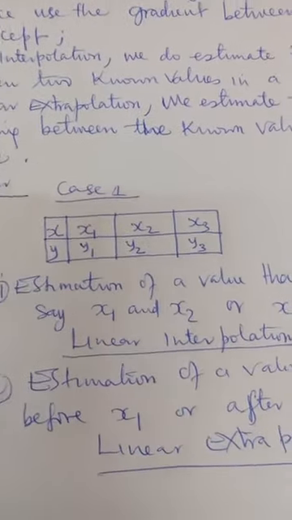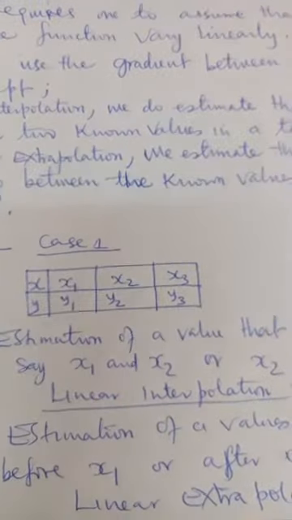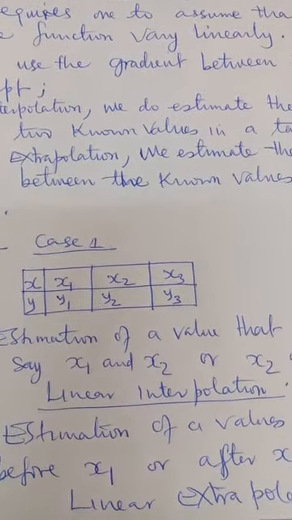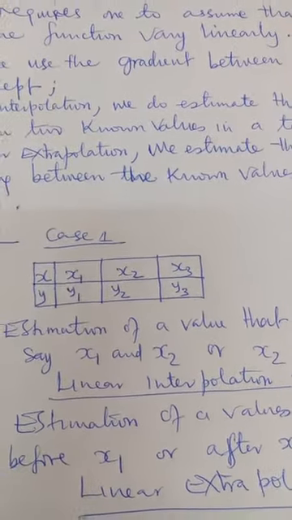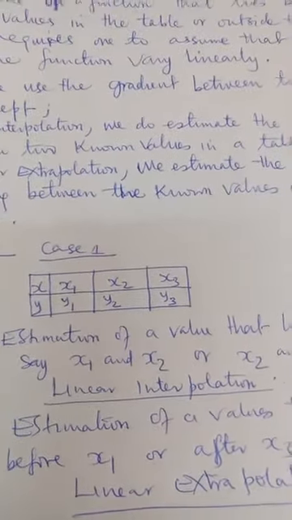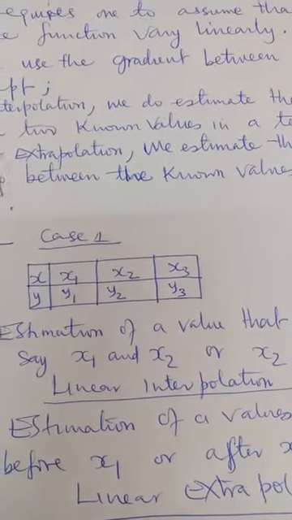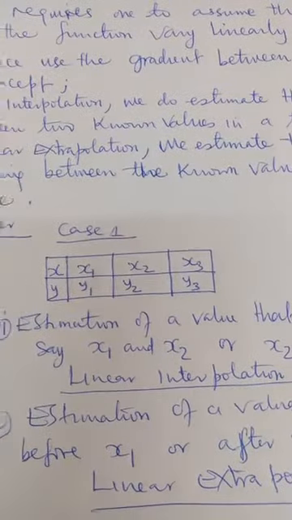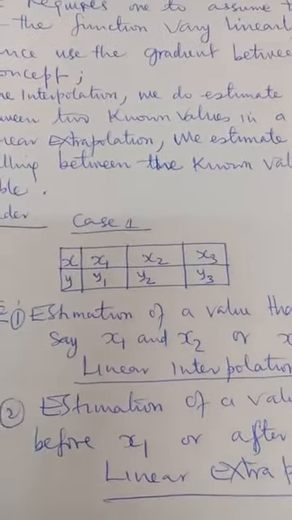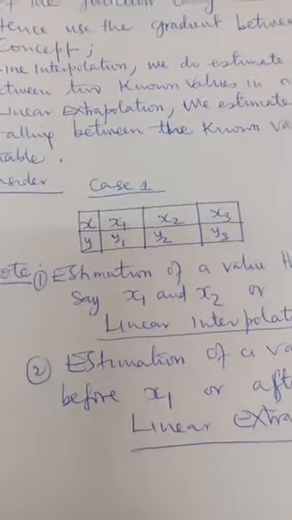It implies that if we have a value lying between x1 and x2, and that value has a corresponding value on the y side, then we can get whatever is missing by referring to the already given pairs, as I will show you.